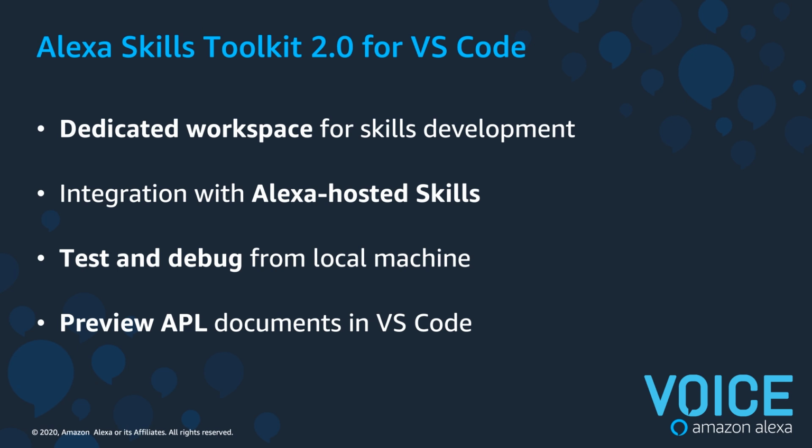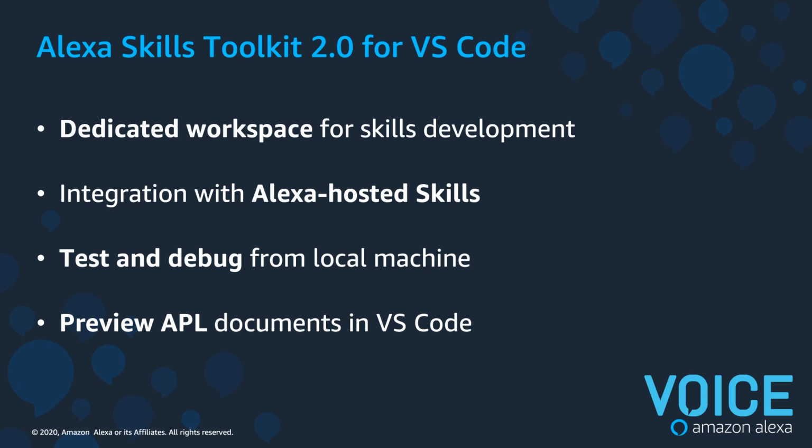The answer is simple, you just need to install our extension, the Alexa Skills Toolkit for VS Code, now in version 2.0, that includes several enhancements, such as no dependency on the ACLI or our command line interface, a new workspace with access to most typical skill development lifecycle operations. It works nicely with Alexa hosted skills, and I'll tell you more about them later. It supports local debugging and testing, and it now has the ability to preview APL documents.